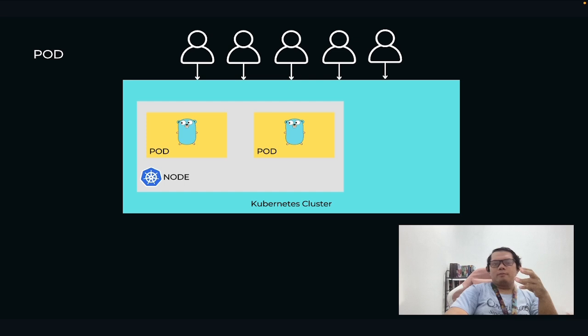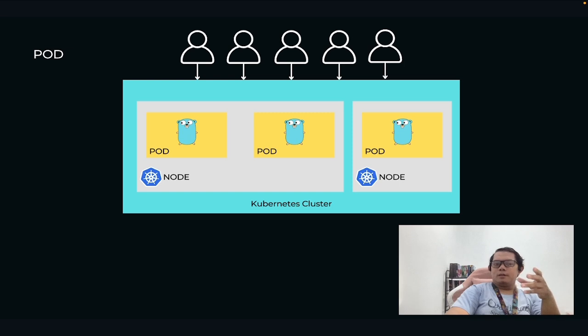So when it's time to scale up, you simply spin up more pods, not more containers inside the same pod. It's all about keeping it clean and efficient. What if your current node runs out of capacity? No worries. You can add a new node to the cluster and deploy additional pods there.